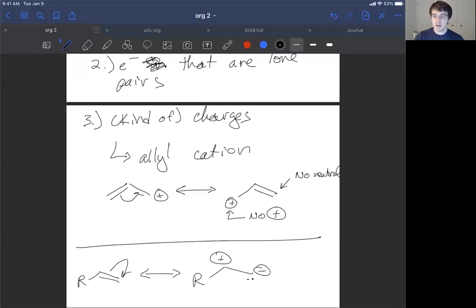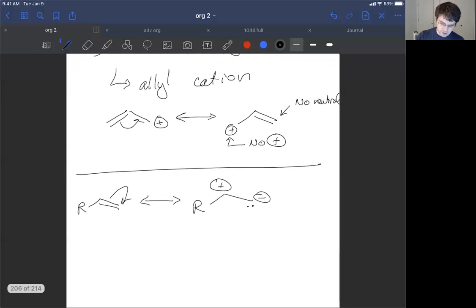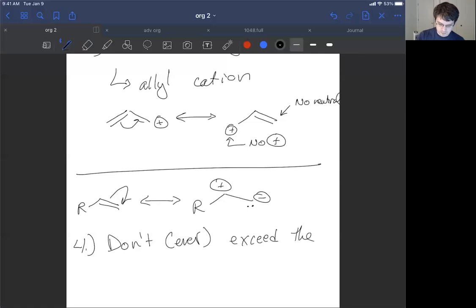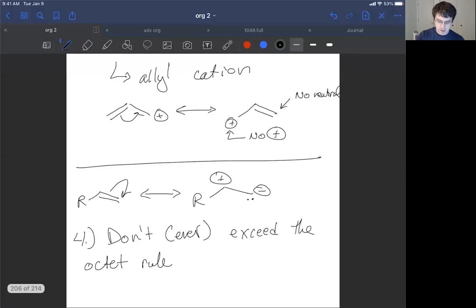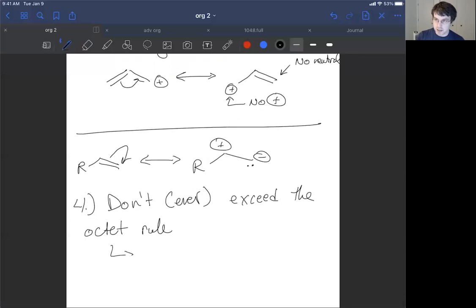Okay, so the last thing we want to consider is another don't. Don't ever exceed the octet rule. Now notice I didn't say break the octet rule.